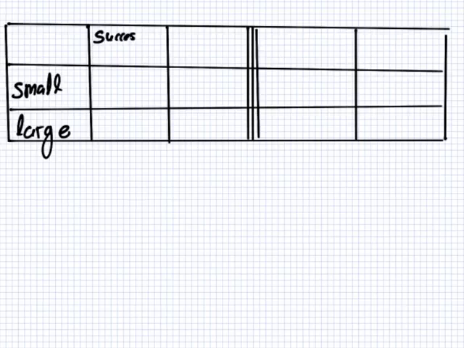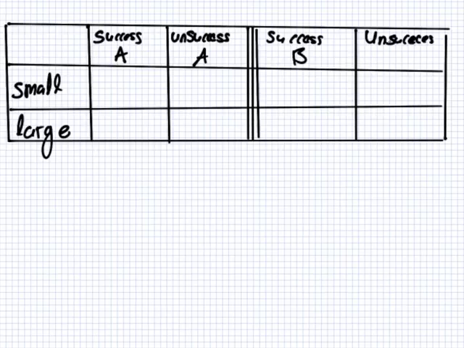Okay. Small and large. How old are you, Faisal, by the way? What's the word? Small and large. No, on the top. Success A, unsuccessful A, success B, unsuccessful. You children. I'll explain it now. Unsuccessful B.